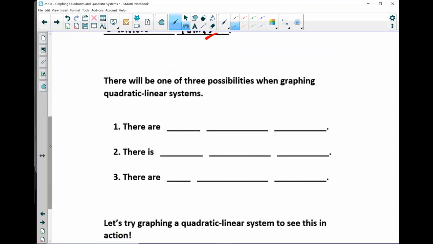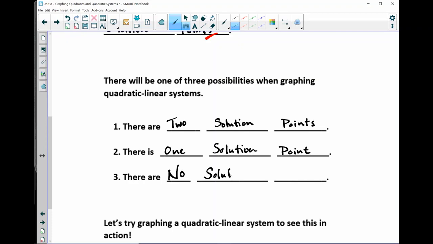There will be one of 3 possibilities when graphing quadratic linear systems. There are 2 solution points, there is 1 solution point, or there are no solution points.